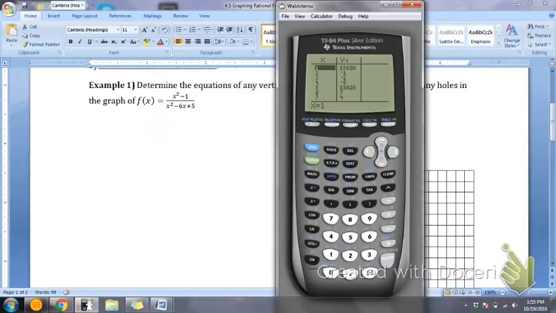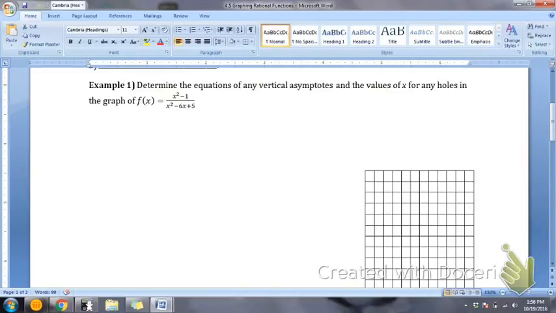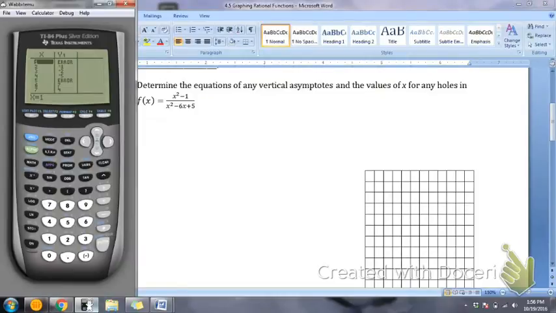Now, do you notice at x is 5 it says error? So you might have to arrow up and down to get your x values. Do you guys see that when x is 1 there's an error? And when x is 5 there's an error?